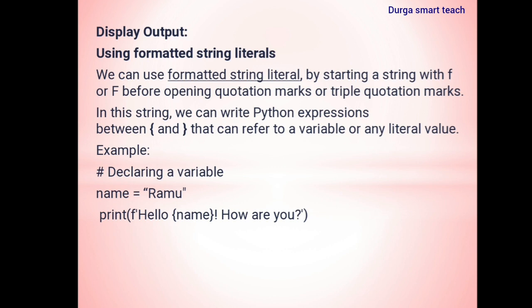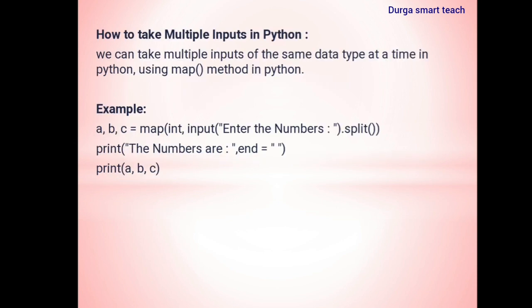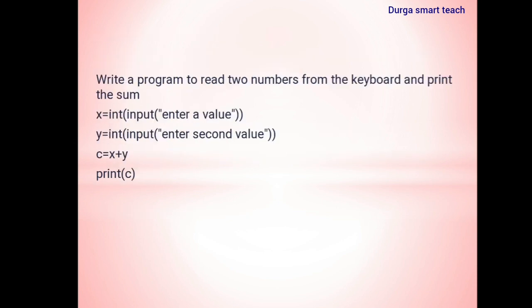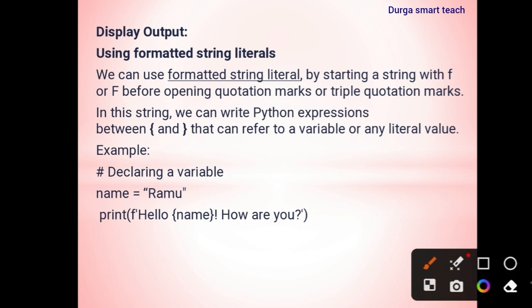Next, here we have seen input. To read data from the user is input; if you want to display a message or give the output, then you need to use output statements, output functions. To display the output you can use formatted string literal.